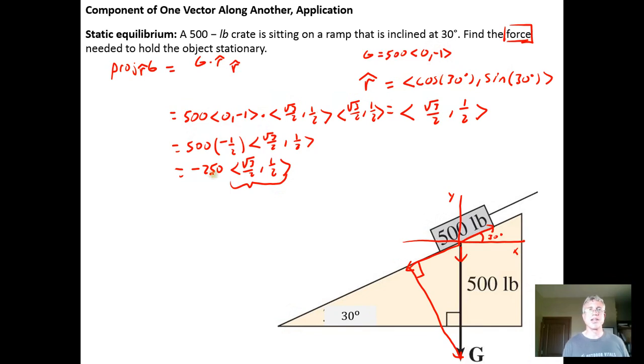This vector has length 1. That means that this scalar -250 is the size of the force that we need to apply to the block to keep it from moving down the ramp. So we need to push up the ramp. We need a force to push up the ramp with 250 pounds of force.